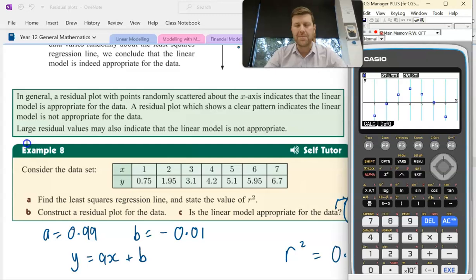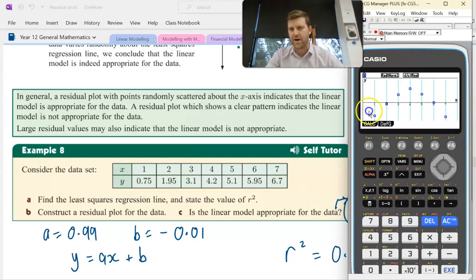The other note it says here is large residual values may also indicate that a linear model is not appropriate. That's a little bit harder to determine, but generally you'll be comparing two residual plots and determining which one is more appropriate based on those larger values. In this case alone, I can't really say that those residual values are large.